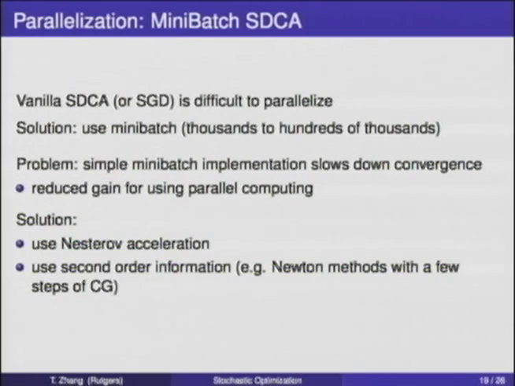The solution, of course, a lot of people are familiar with, is acceleration, Nesterov's acceleration methods. The other alternative, if you don't use acceleration, is to use second-order information and play around with that. This is more tricky, but I think it's doable. It's just hard to prove anything. This one is much easier to prove things.